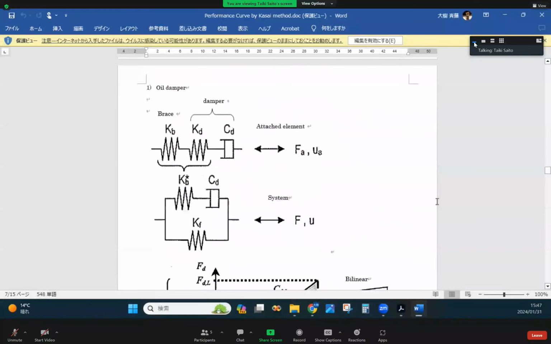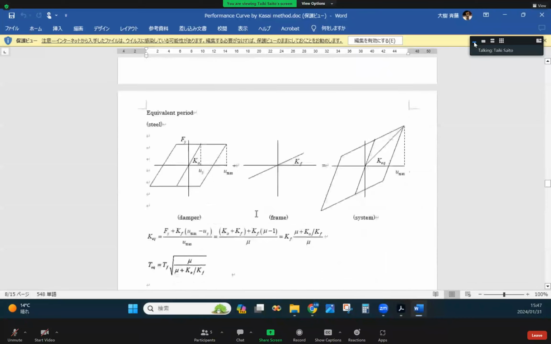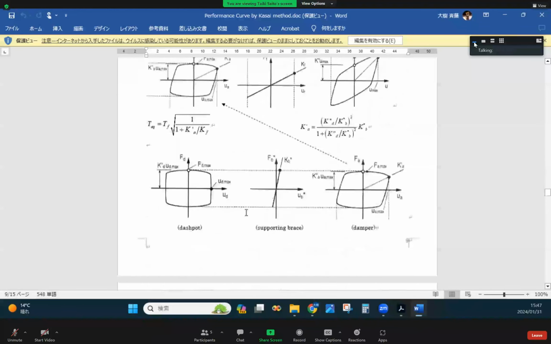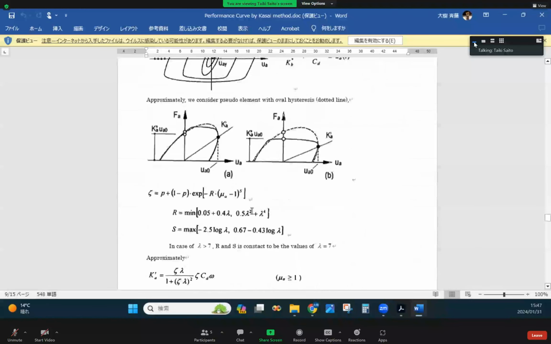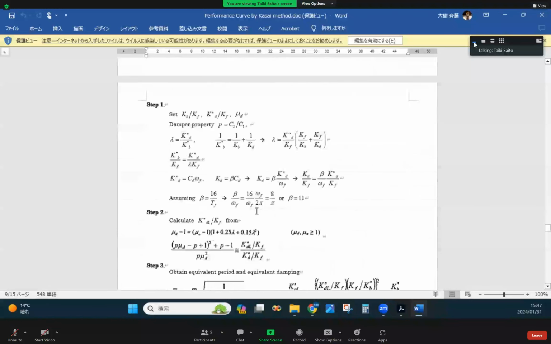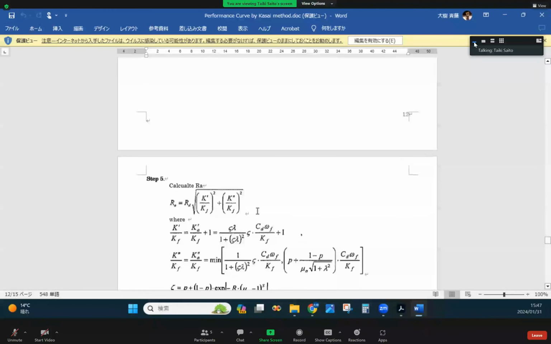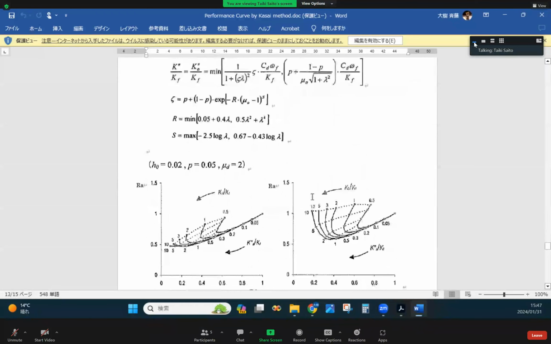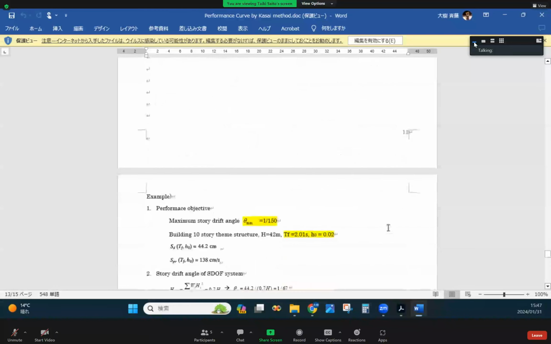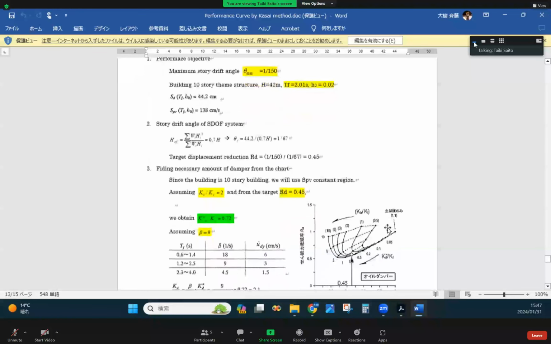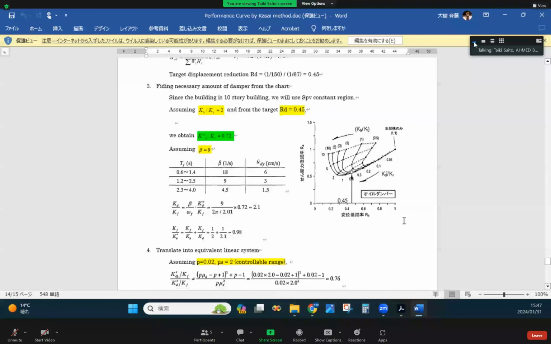Then the oil damper, and how to get the equivalent damping. If you draw the graph, step 1, step 2, step 3, step 4, step 5, you can draw this graph. So this is the oil damper. And this is also an example of how to use this performance graph to get the performance.